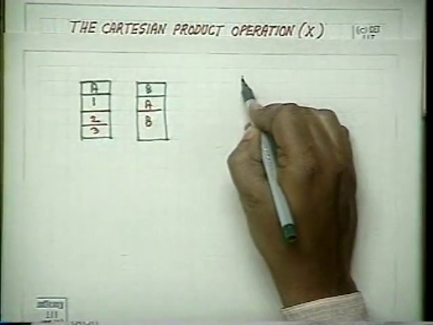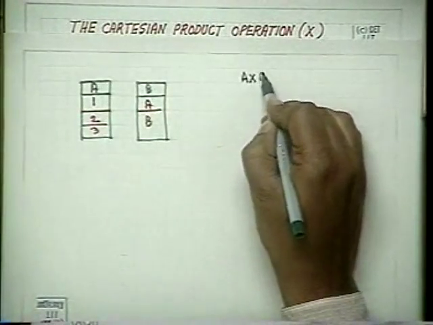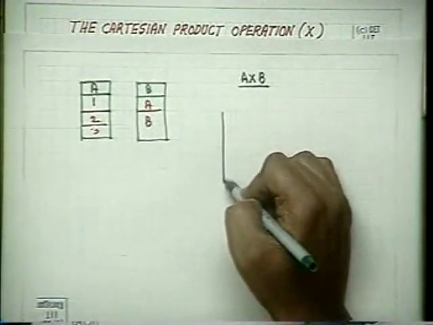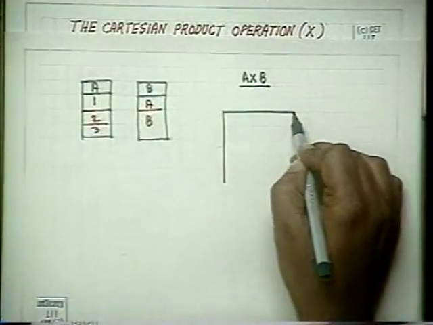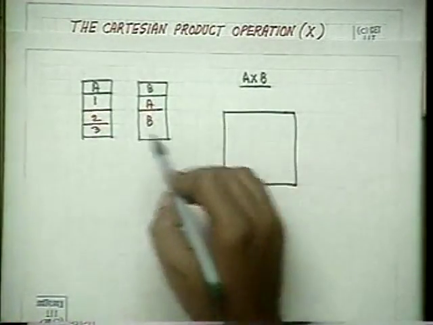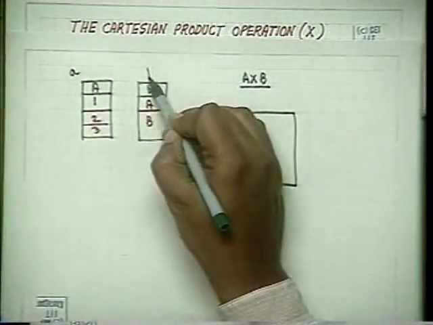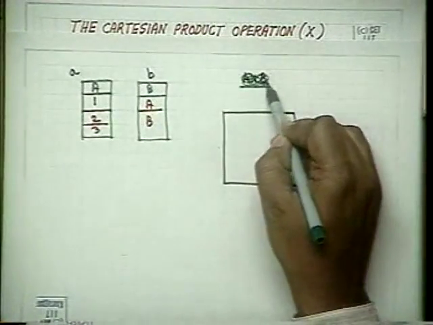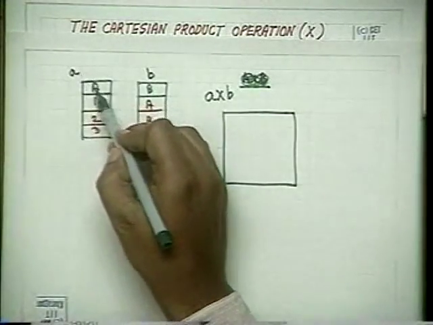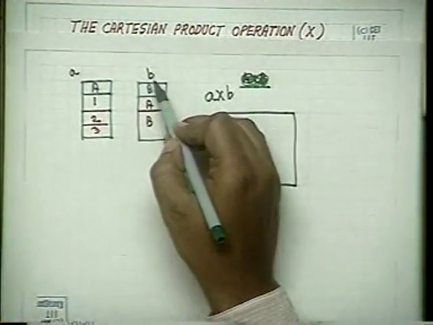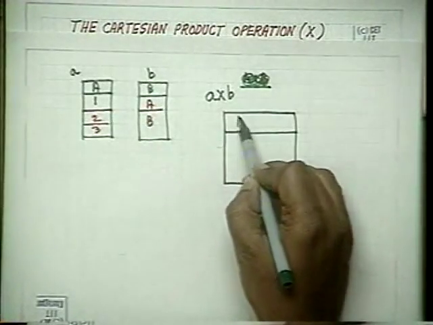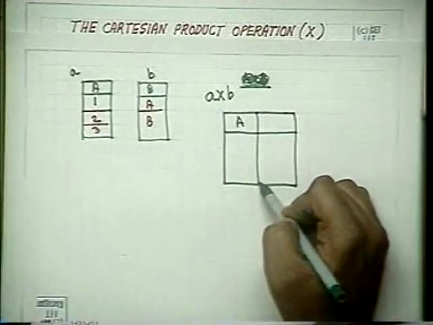A cross B, relation A has attribute capital A, relation B has attribute capital B. A cross B will have attributes capital A and capital B.